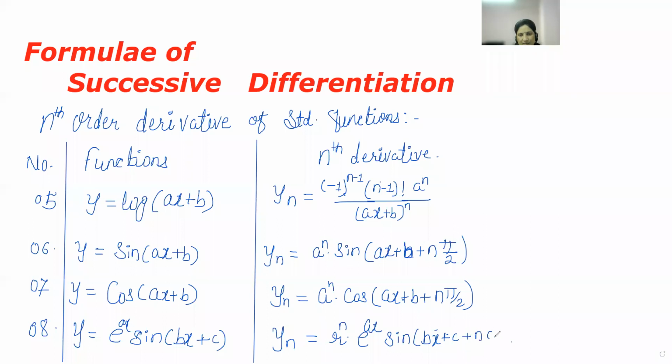Don't get confused here. As we know, r is equal to the square root of a squared plus b squared.